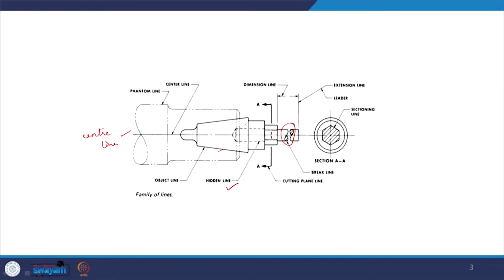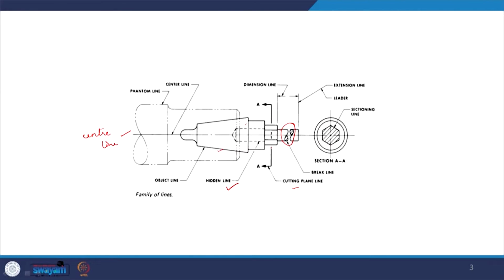Now, you also see that there is a cutting plane line, or a cutting section line. It means that the object is being cut from here when we are seeing the section. If we cut this object here and look from this side, we can see that there is a hexagon being cut, and that is why we see a dark line with shade, this hatch here.